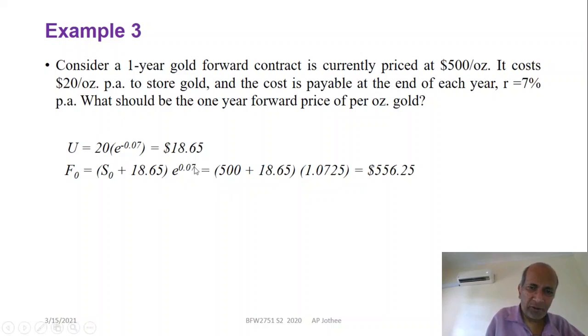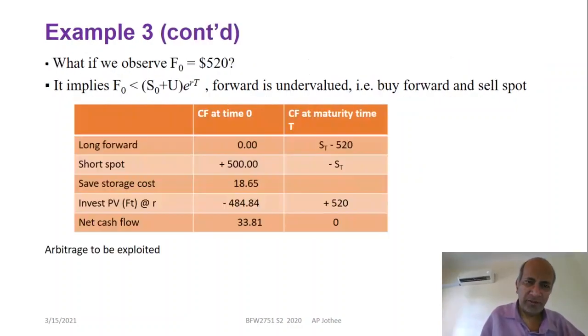Then you exponent it for 1 year, because there are no fractions of time, compounded at 7%. So times it by 1.0725 equals $556.25. That is the rightful theoretical price of this particular gold forward contract. Isn't it easy? It's very simple, straightforward.